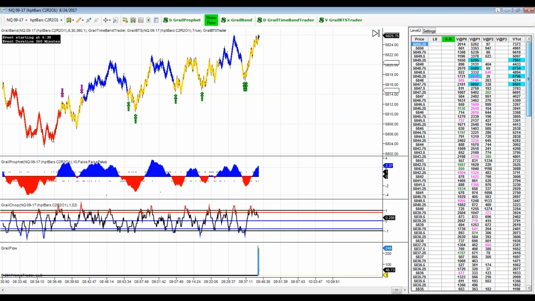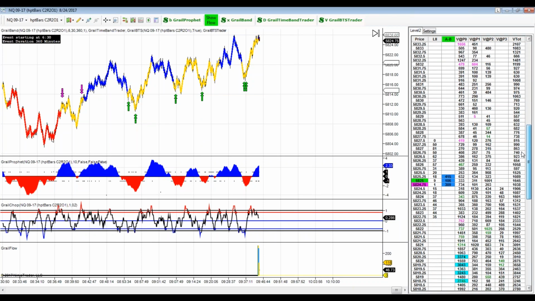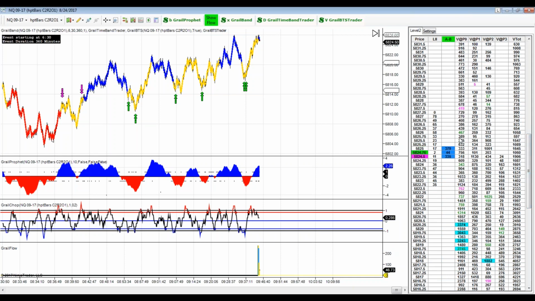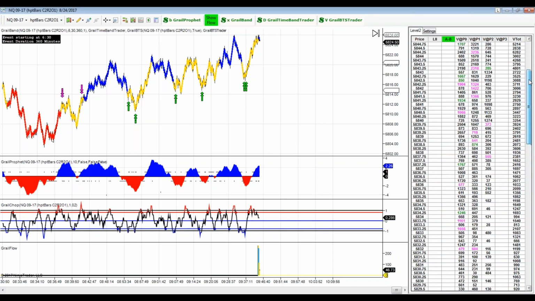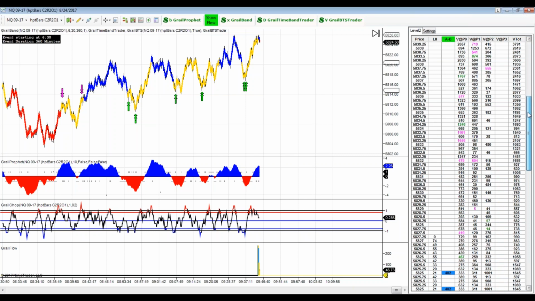Okay, remember what we've got, just so everybody knows here. The first column that we're looking at in here, right here, this is the current day. Okay, this is currently where we're trading right here. If we moved higher, this would automatically adjust, but we've traded higher than this level today.